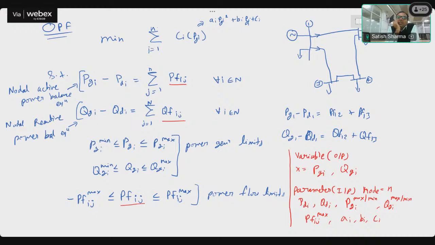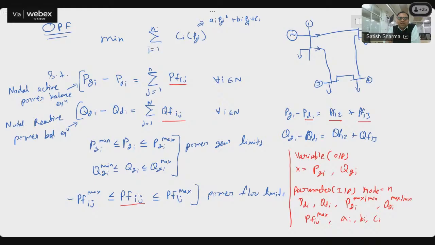So just think about it. If this pfij is parameter, and if I supply this one, then look at this particular diagram. This pf12 here, and this pf13 will be known, and as pd1 is also parameter, if it is known, pgi is no longer variable, it will have fixed value. So we are sure basically that this pfij should also be a variable.